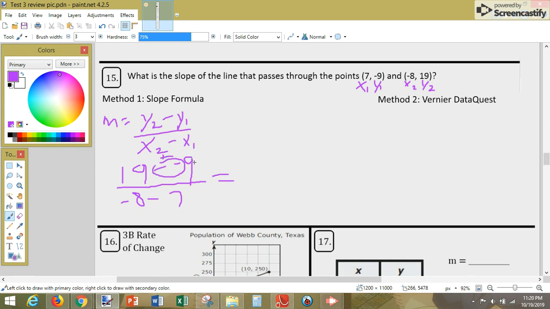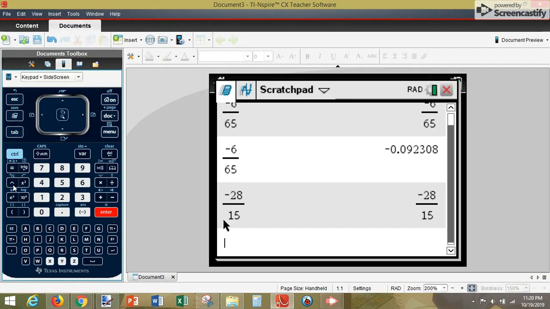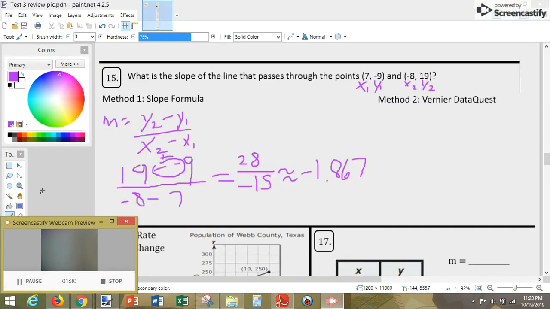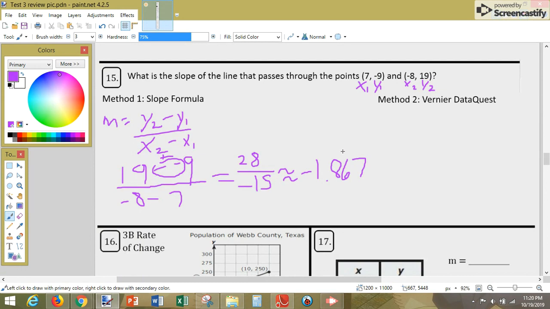So you have 28 over negative 15. If you put it in the calculator and press Control Enter, it's approximately negative 1.867. So that is your approximation answer.